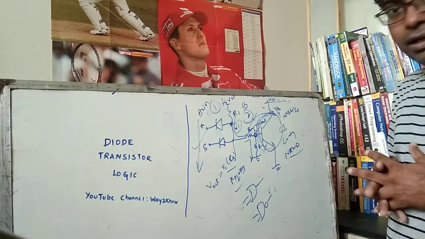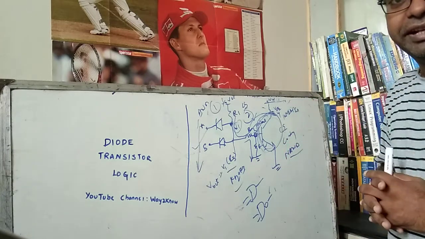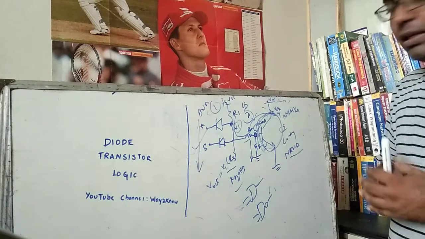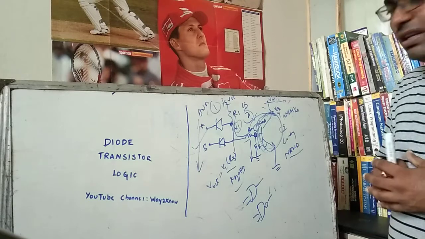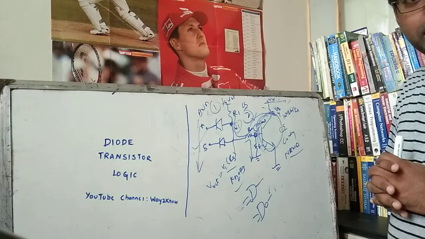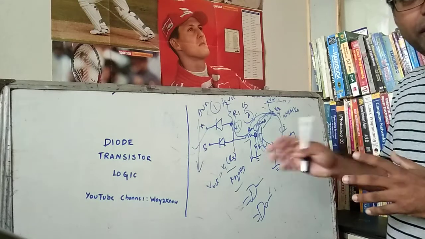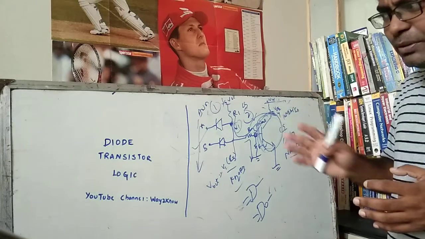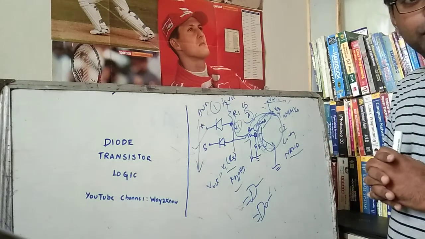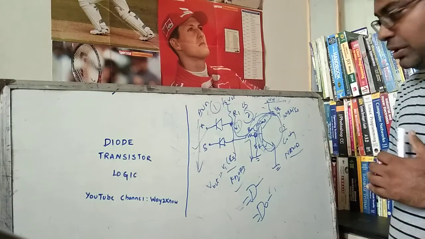So you can see here, one advantage is that when you require more number of inputs for this logic functionality, you require this DTL. But propagation delay is still there, and power consumption wise, we don't say it's too much improvement, but there is still a power loss associated because of these diodes and resistors. And one more major point is the noise immunity. The noise immunity of the diode transistor logic is okay compared to the other logic families we have previously seen.